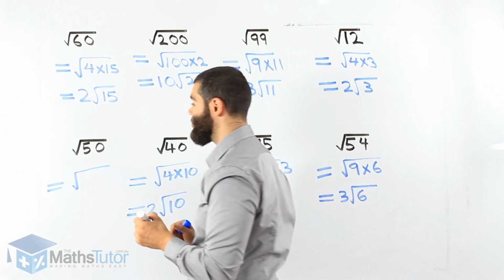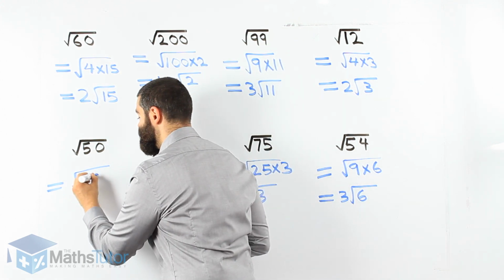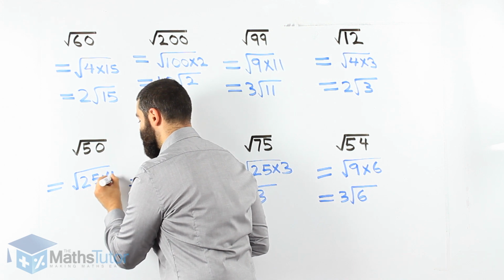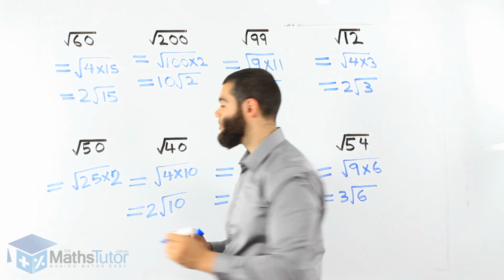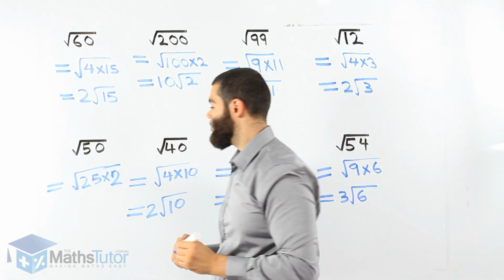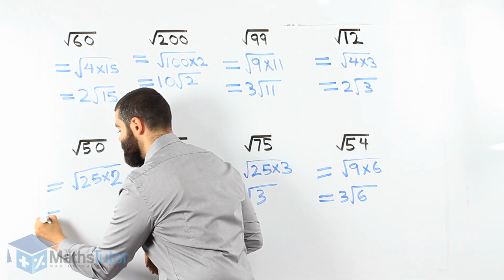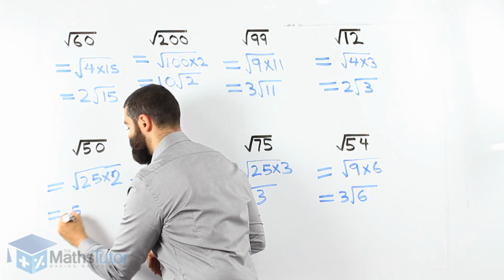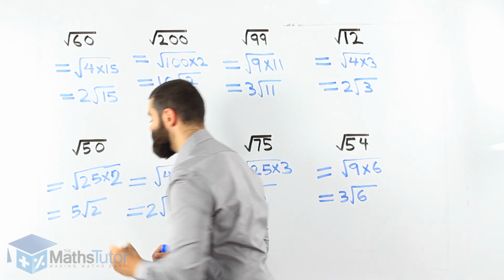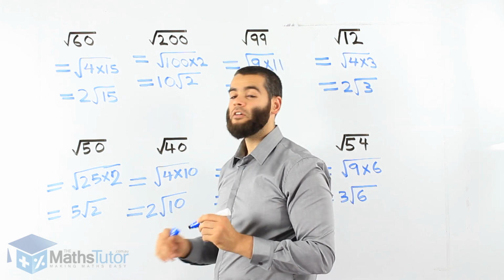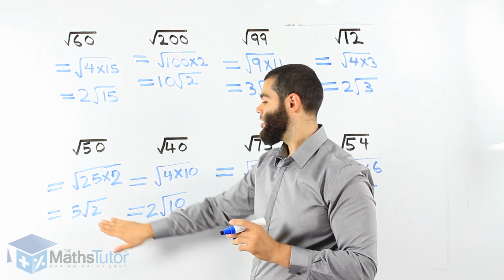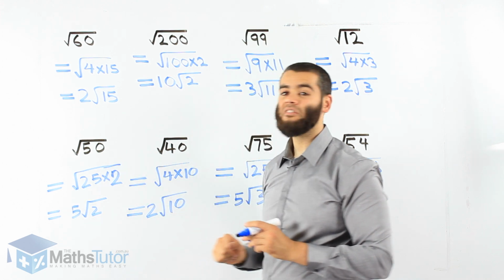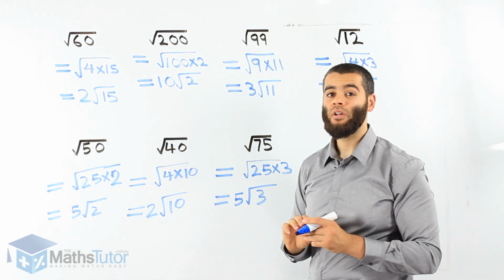No. So we have to look for another two. 25 and 2. 25 times 2 makes 50. The 25 square roots and comes outside, and the 2 stays inside the root sign. So our answer, 5 root 2. You can grab your calculator and try square root 50. 5 times root 2, you get the same answer. You get one long irrational number.